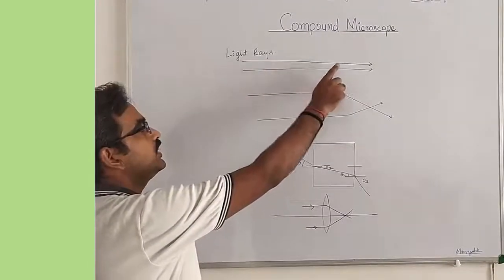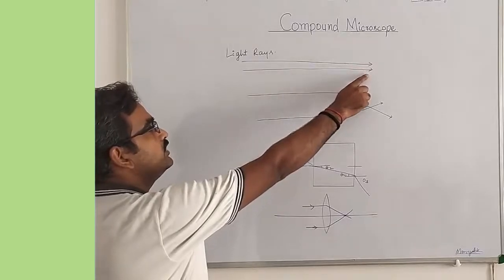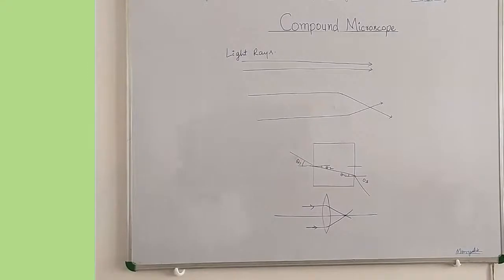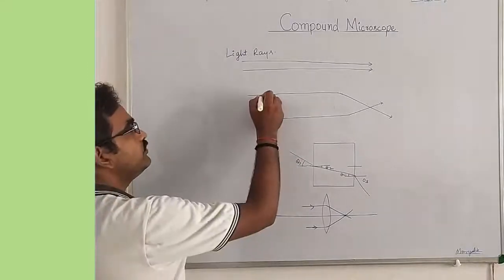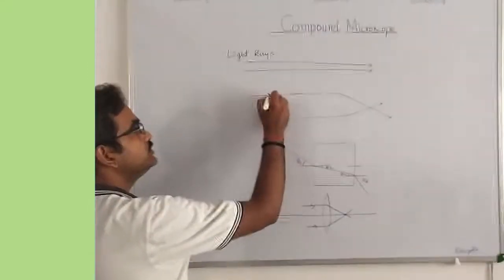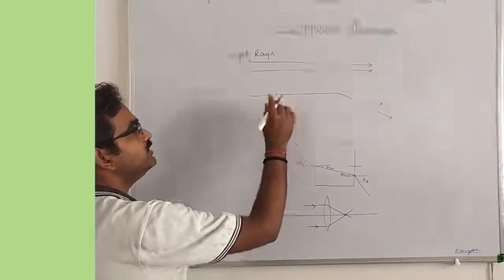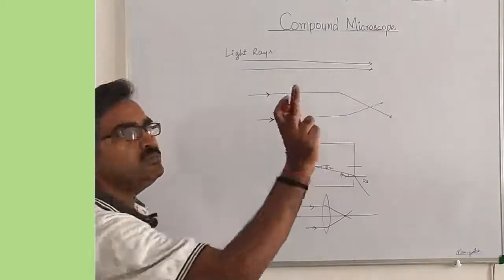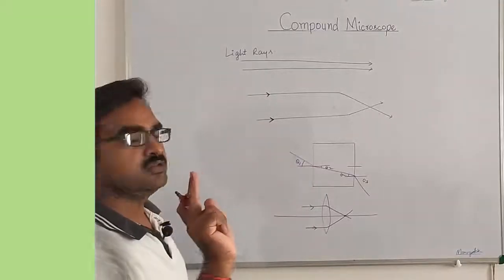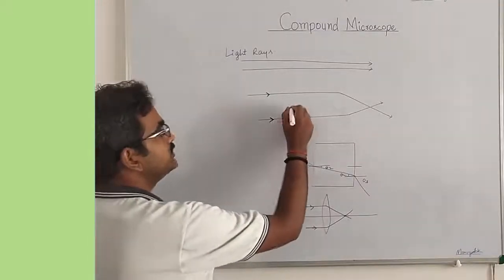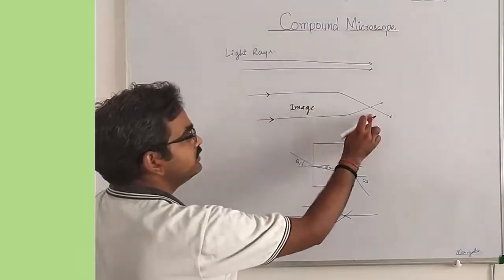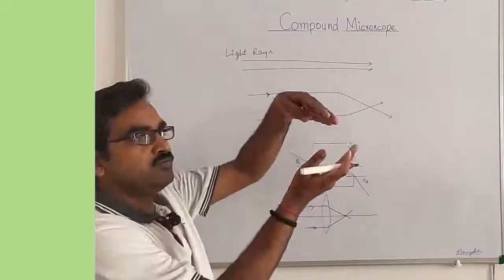Light rays are traveling in a straight line. But for image formation, suppose these lights are traveling parallelly, then there will be no image formation. For image formation, there must be bending of light.